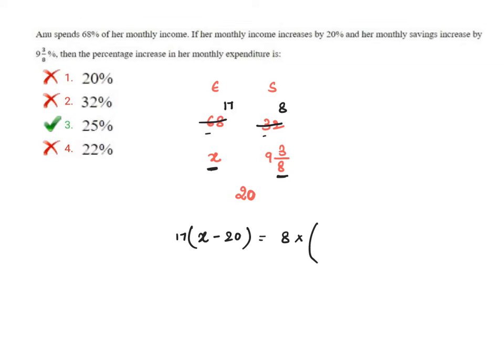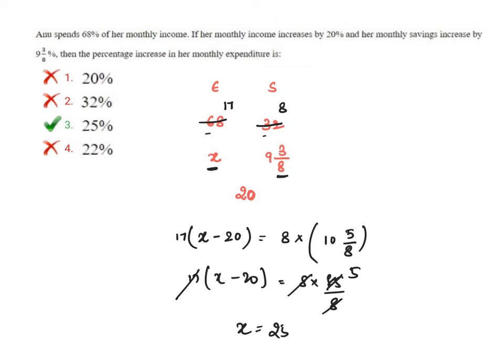So I can say it is 10 5 by 8. 17 into (x minus 20) is equal to 8 into 85 by 8. 8 and 8 anyway cancel. 17 ones are 17, 5s are 85. So x is equal to 20 plus 5, 25%. Therefore, I can say expenditure is increasing by 25%.